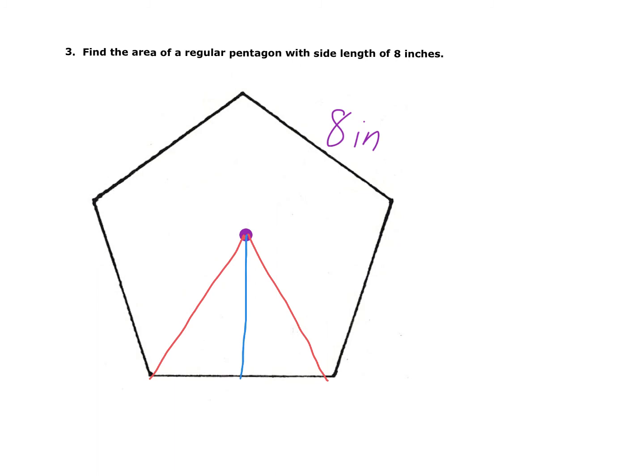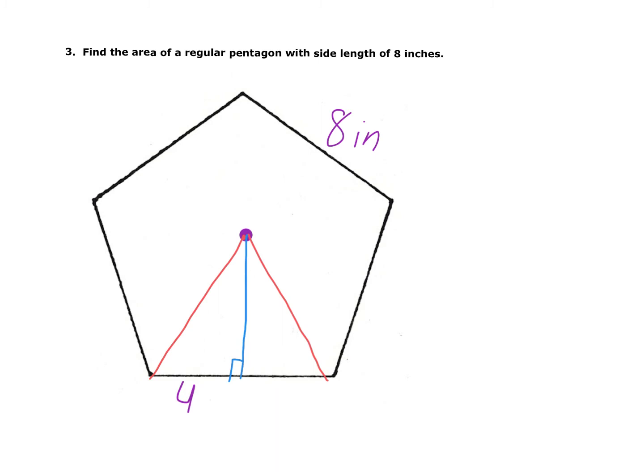I know my apothem essentially acts as a perpendicular bisector. So I've got a right angle there, and this side is bisected, so each of these parts is 4 inches in length, because the full thing is 8 inches in length. So I'm going to go ahead and put in that 4 real quick.